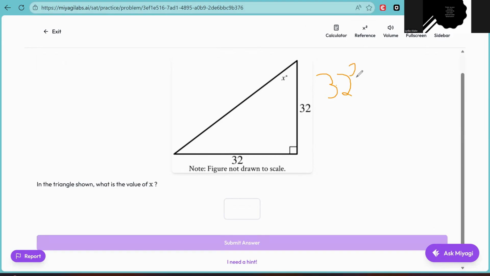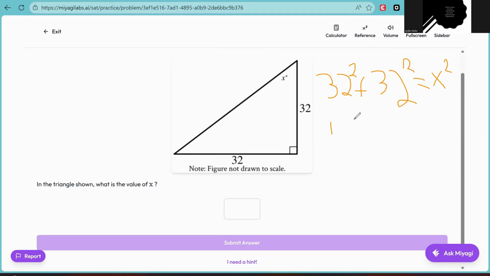32 squared plus another 32 squared equals x squared. All right. So we can guess from this mental math and using the calculator in general. 32 squared equals 1,024.